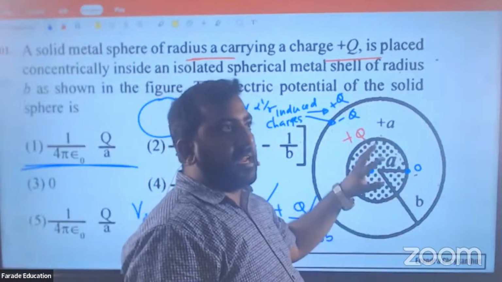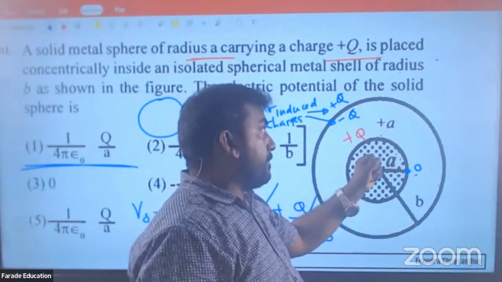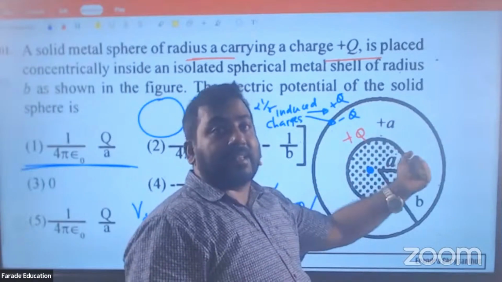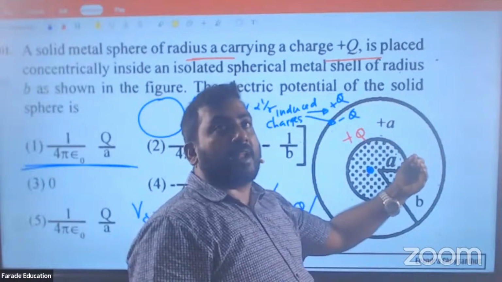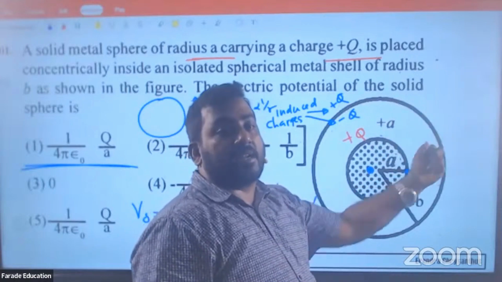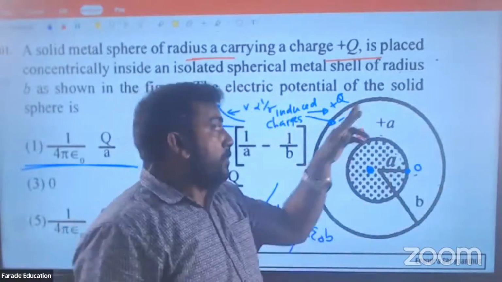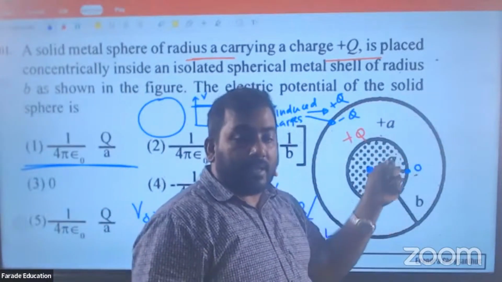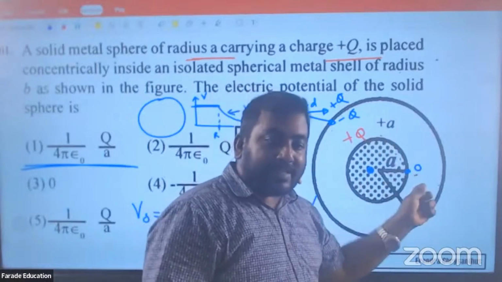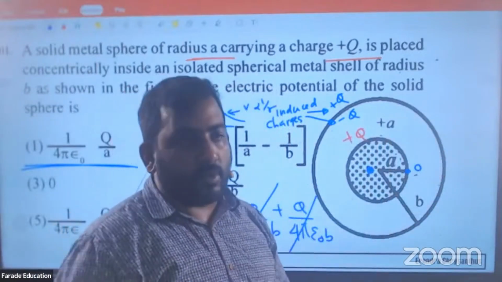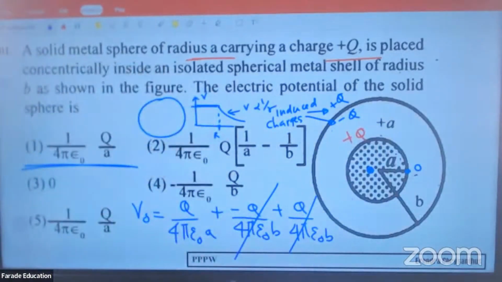On the surface of the shell means we can directly find it on the surface of the sphere. In terms of minus Q, where is O? Inside the surface. Inside potential and surface potential are the same. If I take plus Q, we are finding inside, so inside potential and surface potential are the same.